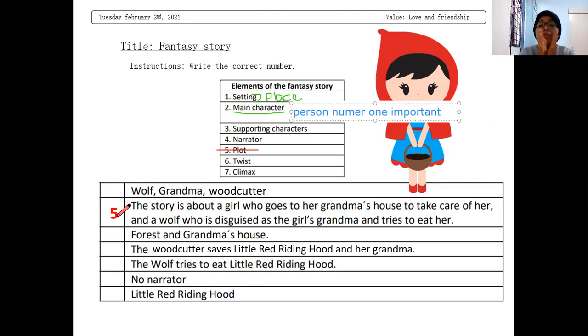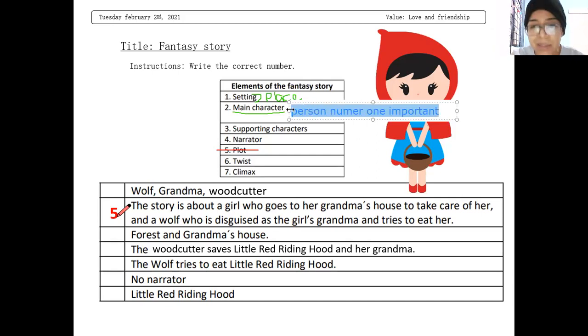It's the most important character in the story. Es la person sobre la que va todo en la historia, okay? It's a person or an animal, which is the most important character, okay?